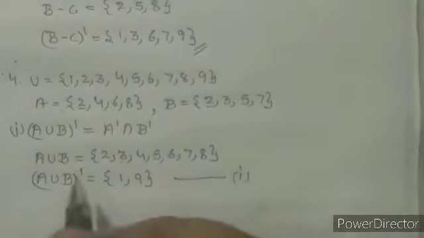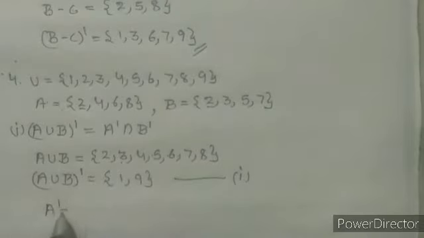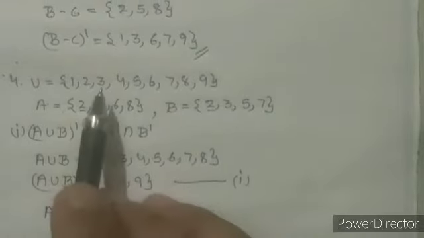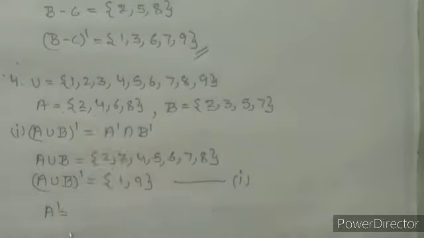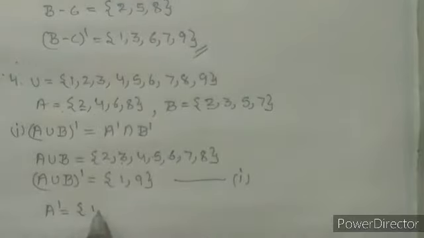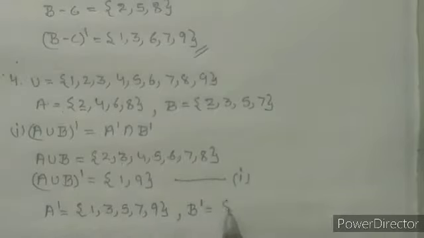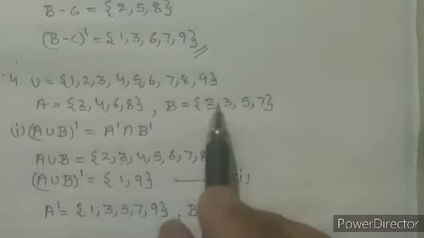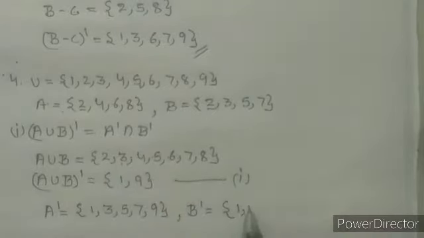Now A complement will contain the elements of the universal set which are not in set A, and those elements are 1, 3, 5, 7, and 9. Similarly, B complement will have the elements of the universal set which are not in B, and those are 1, 4, 6, 8, 9.